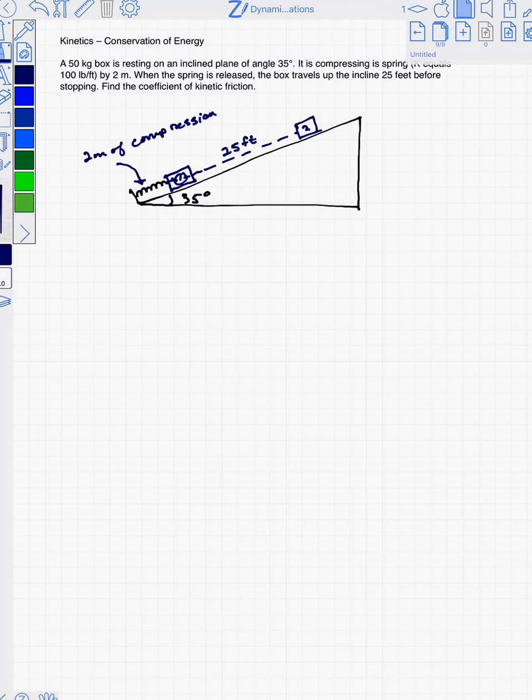The mass of the box is 50 kilograms. The spring constant, from Hooke's law, is 100 pounds per foot.